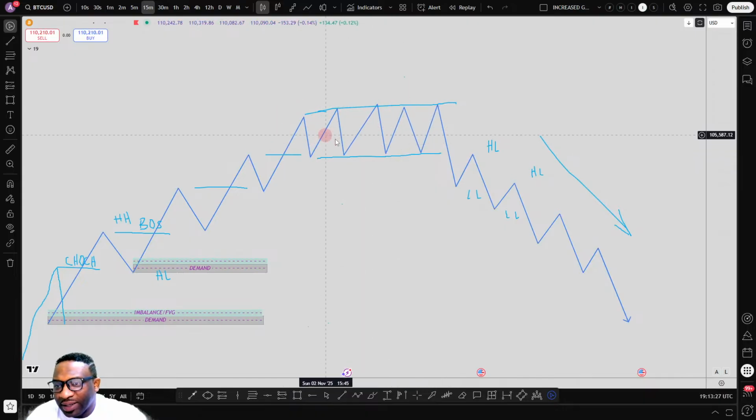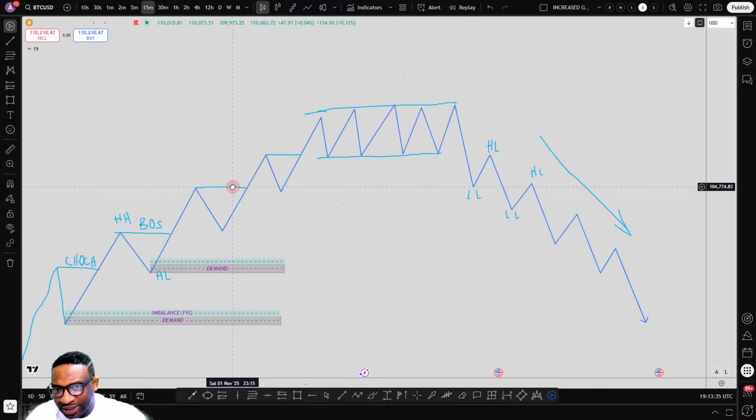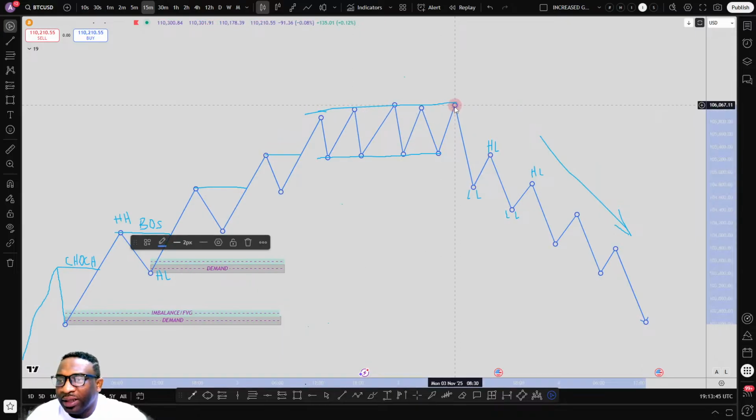In a situation like this, before price will decide to go down south or change the state of delivery to the downward move, if there are equal highs, it's most likely for price to first of all clear the liquidity resting above here by putting in a buy scenario where it will look like it's going to continue the uptrend, and then all of a sudden it turns round.